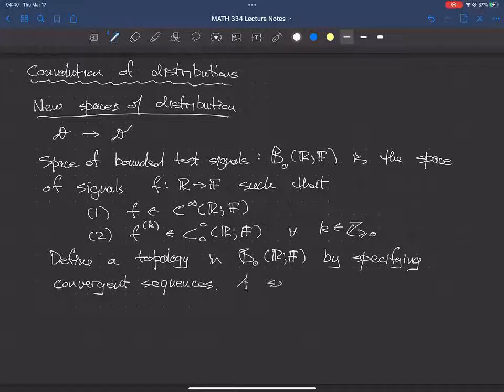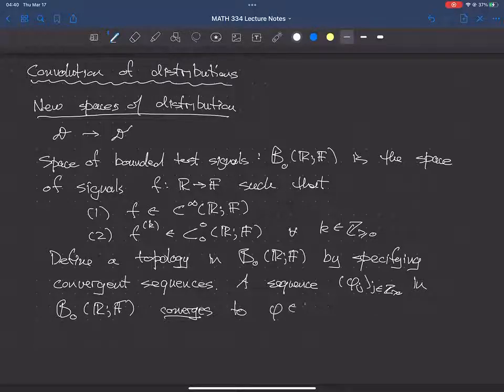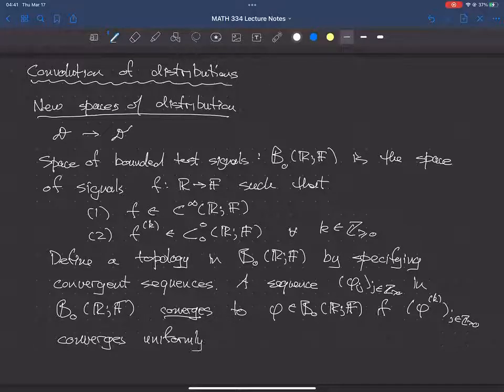Okay, so we say then the sequence, let's say phi j in B0, converges to phi in B0 if the sequence of derivatives, the kth derivatives, converges uniformly to the kth derivative of phi.